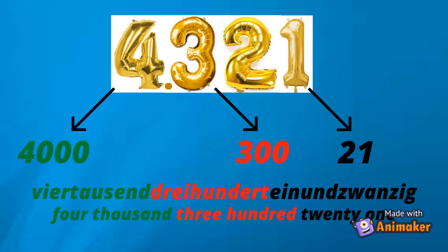We first take the thousands number, that is 4000. Then the hundreds number, 300. And then 21. So we say viertausenddreihunderteinundzwanzig. That means 4321.